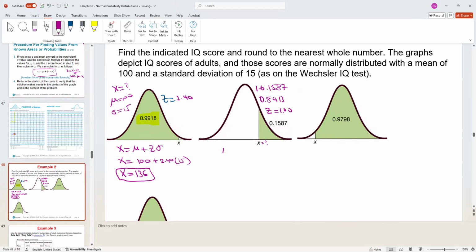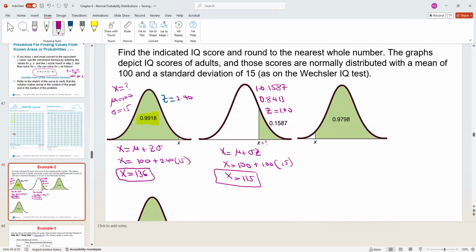Remember, X would be mu plus sigma Z. So we have 100 plus 1.00 times 15. So X would be 100 plus 15, which is 115. So easy for that one.